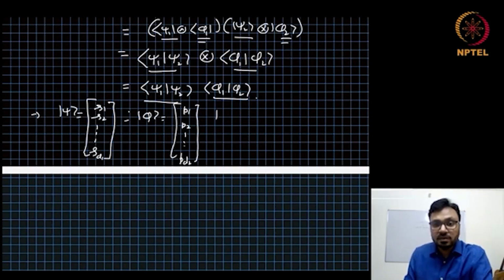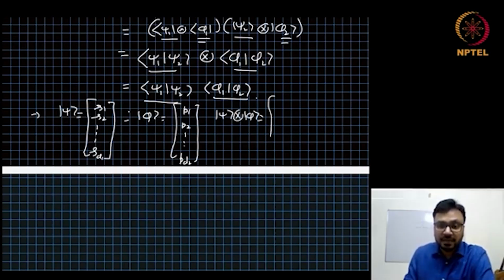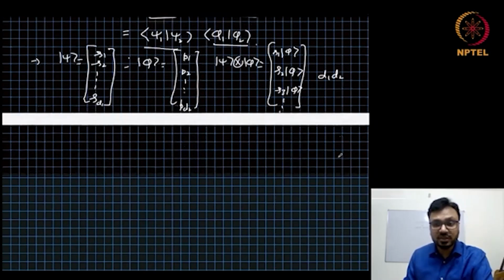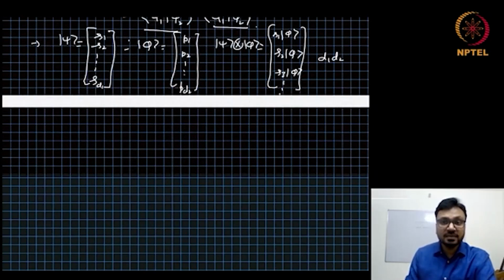Then psi tensor phi will be s1 times phi, s2 times phi, s3 times phi, and so on. So it will be a vector of d1 times d2 dimension, and the elements will be written like this. So it's just a shorthand way of writing.